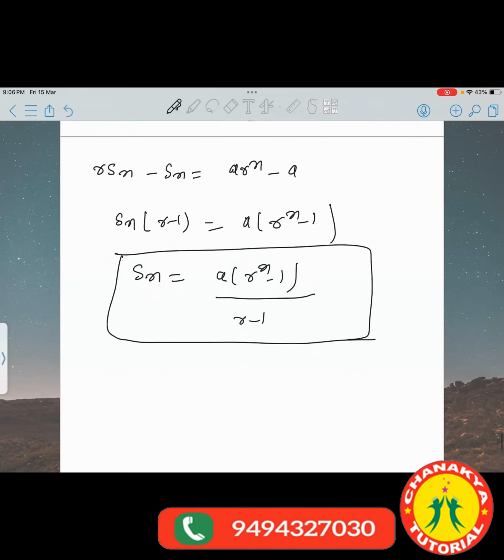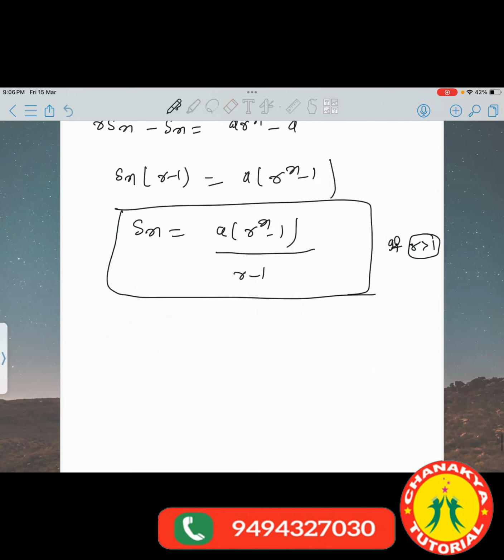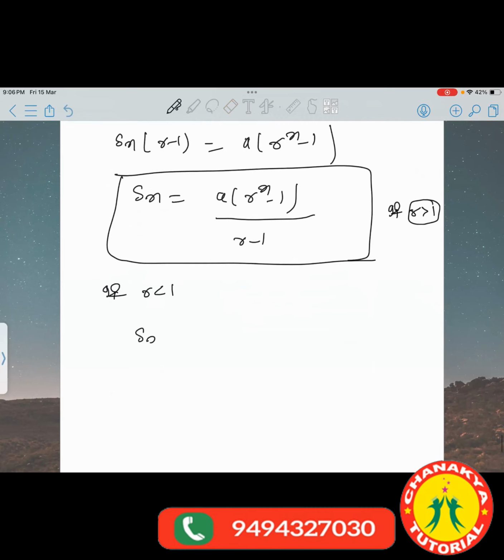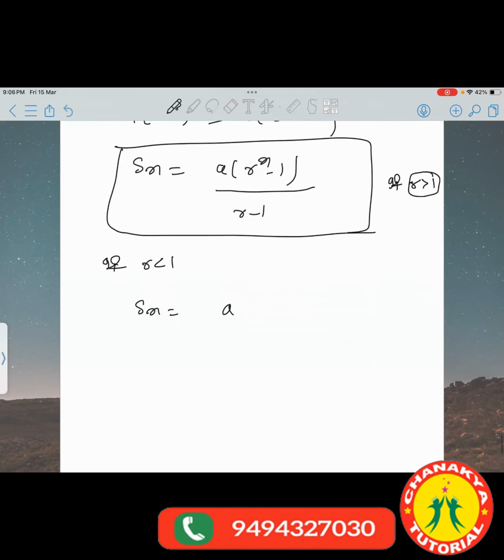Only valid if r is greater than 1. If r is greater than 1, then we can apply this formula. If r is less than 1, Sn is equal to a times 1 minus r power n upon 1 minus r.